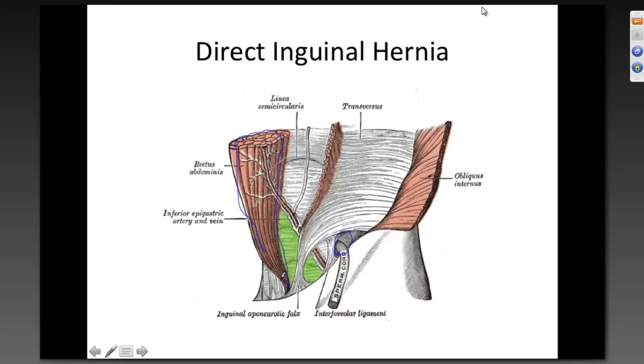So that is the lateral wall of the triangle. Medial wall. That is the medial wall of the triangle. And let's find the inferior epigastric artery. It's going to be running through here.